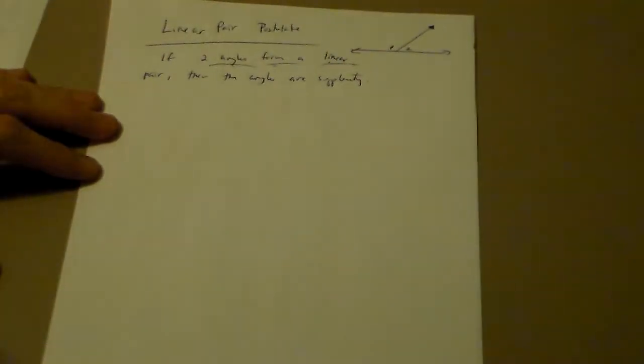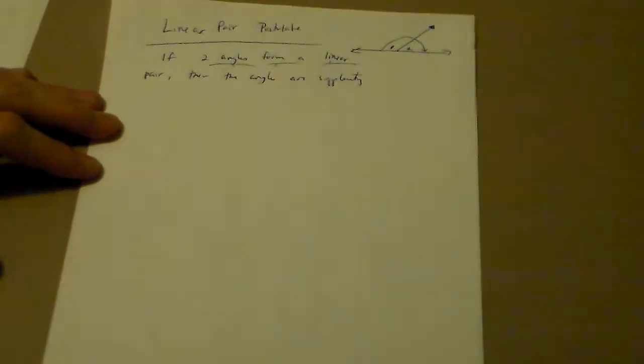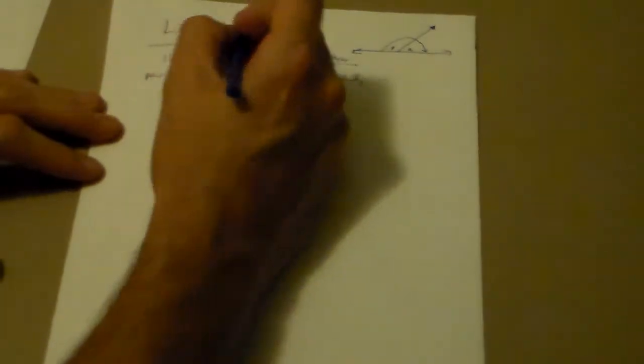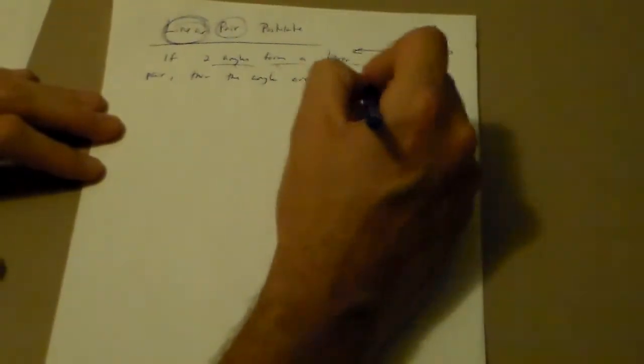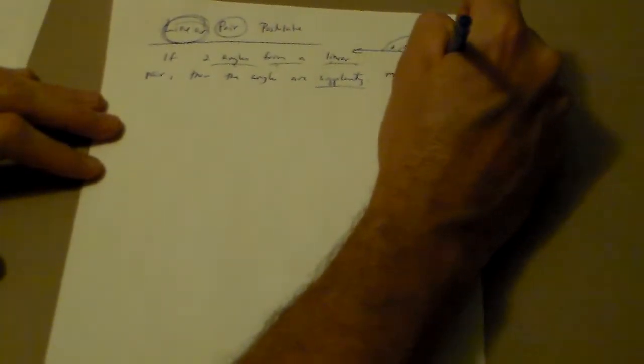We know from chapter 1 that the amount of degrees in a straight line is 180. So if you have 2 angles that make up a straight line, it means that they are supplementary. So the measure of angle 1 plus the measure of angle 2 equals 180 degrees. That's kind of important. You're going to see that one a few times.